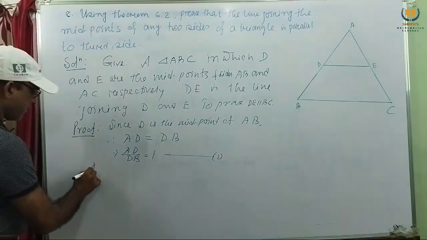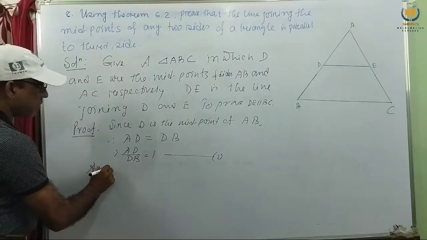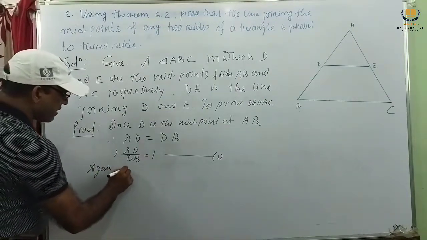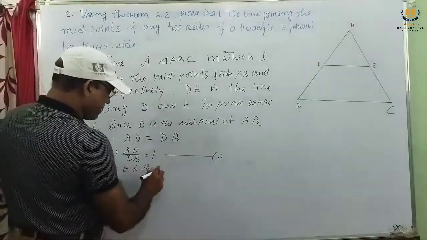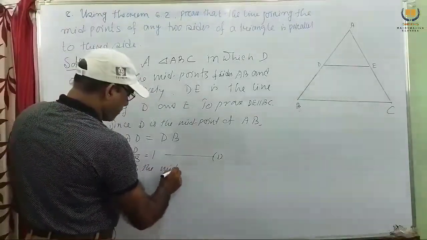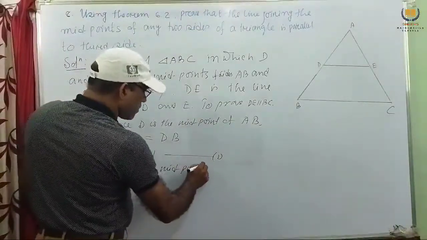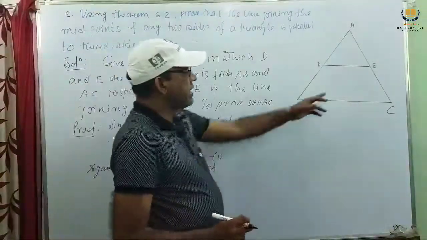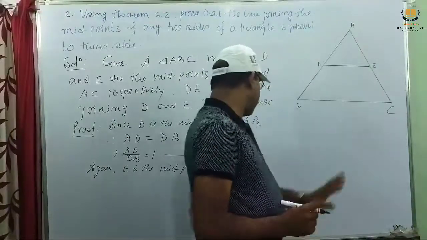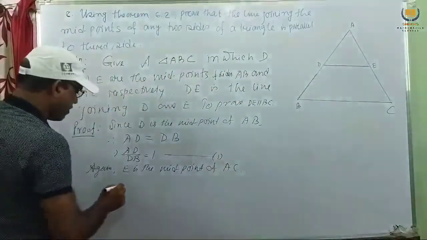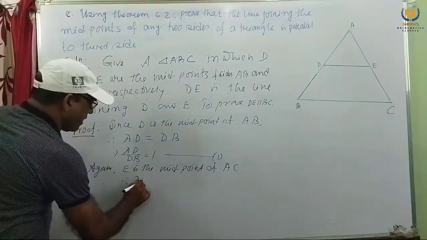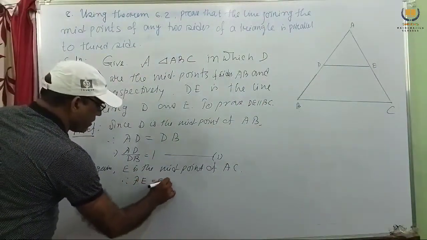Again, E is the midpoint of AC, therefore we get AE equal to EC.